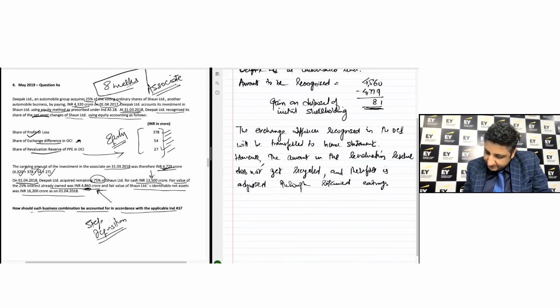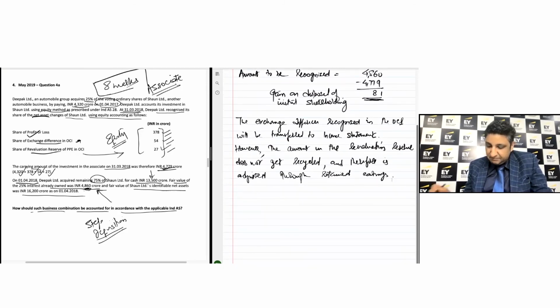So it's adjusted directly to retained earnings. Now, what does it mean, right? How do I bring this entire transaction on the business combination through a journal entry?